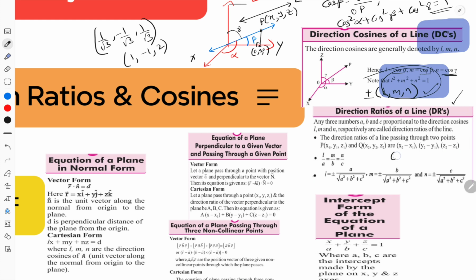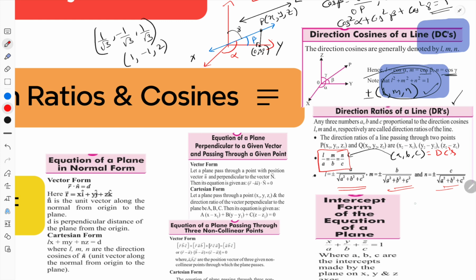An ordered triplet A, B, C is said to be direction ratios of a line if they are in proportion with the direction cosines L, M, N. So if A, B, C are direction ratios, then the direction cosines can be calculated as A by root over A square plus B square plus C square, B by root over A square plus B square plus C square, C by root over A square plus B square plus C square. So if you know direction ratios, you can find direction cosines.